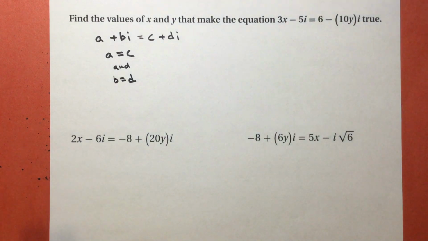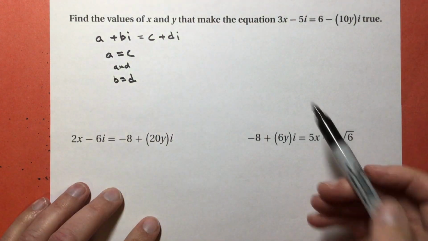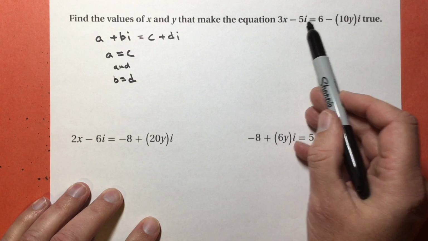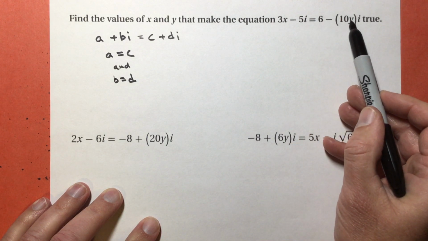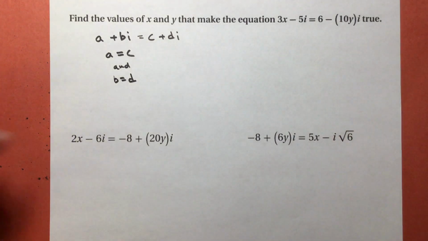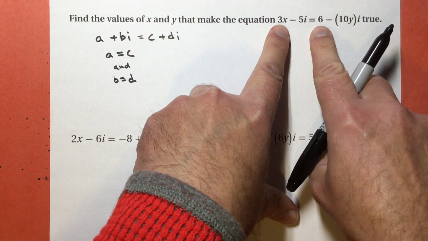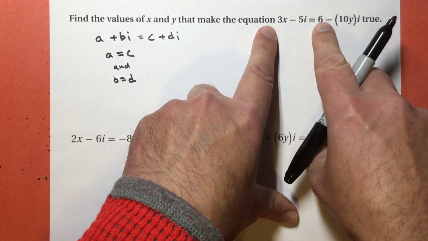So for the problems in this section that ask about this, I have 3x subtract 5i, and that equals 6 subtract 10 times yi. They're just trying to find out what values of x and y are going to make this true. So the real parts have to be equal to each other. The 3x has to equal 6.